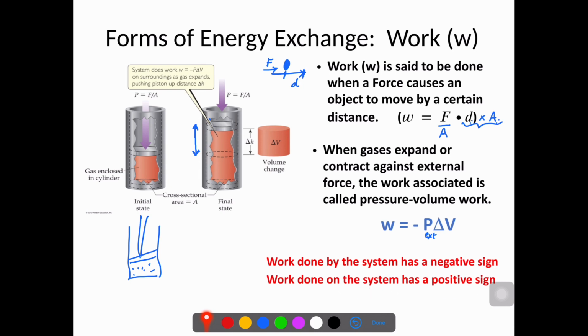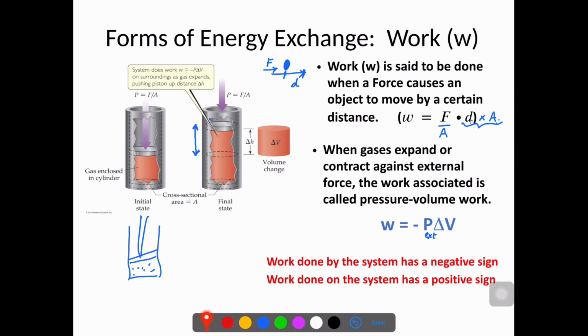Now think about it. If we don't have this negative sign, then you cannot get this convention. So we put that in there so that we get the correct sign. When gases expand, work is done by the gas, so you should get a negative sign. Here, the volume change is positive because as the gas expands, the final volume is higher than the initial volume.